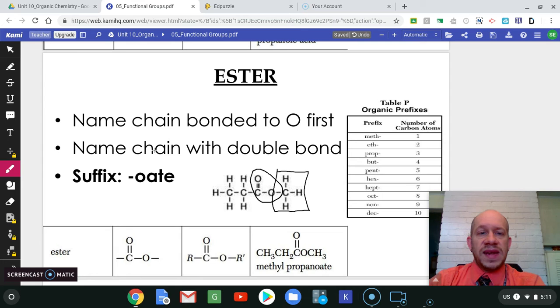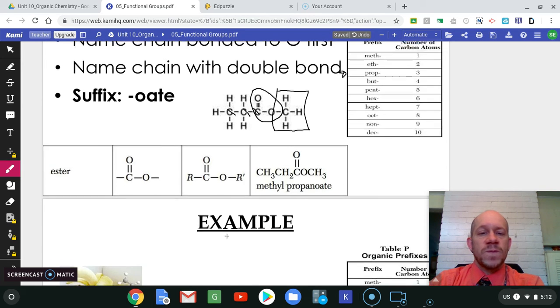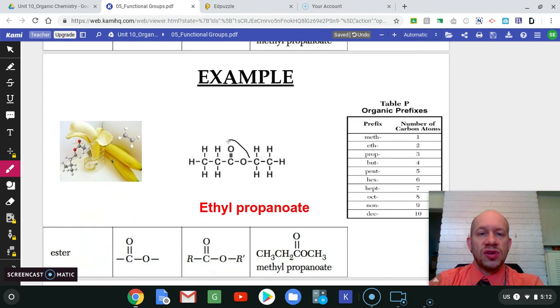So I have methyl propanoate. A second example, here's my functional group. You first name the chain bonded to the O. So this is an ethyl group. And then I have 1, 2, 3, propanoate. Ethyl propanoate.